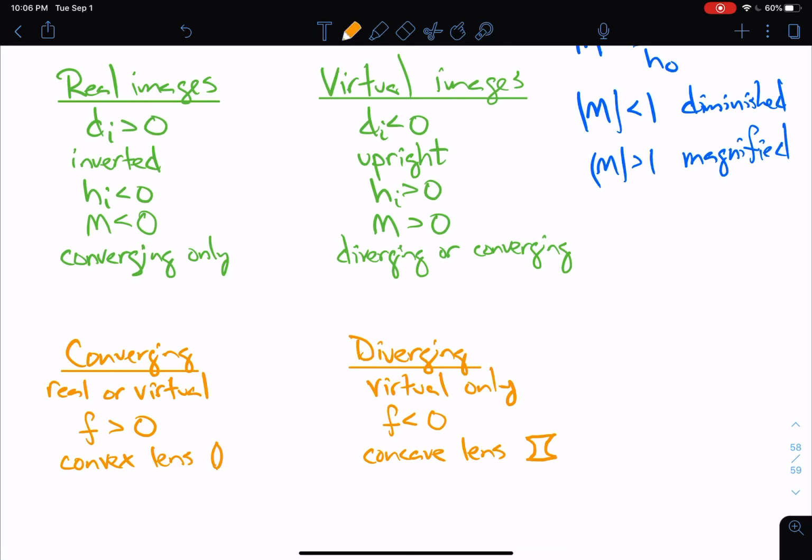If we're talking about mirrors, a converging mirror, this would be a concave mirror. And so that would look like that. Where this is the light comes in and it bounces off. For diverging, that's going to be a convex mirror. Your car more than likely has a convex mirror on the passenger side.